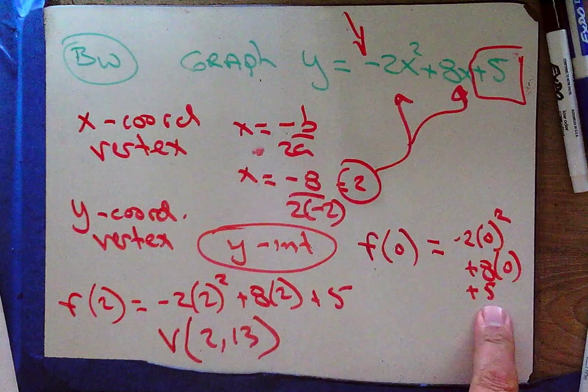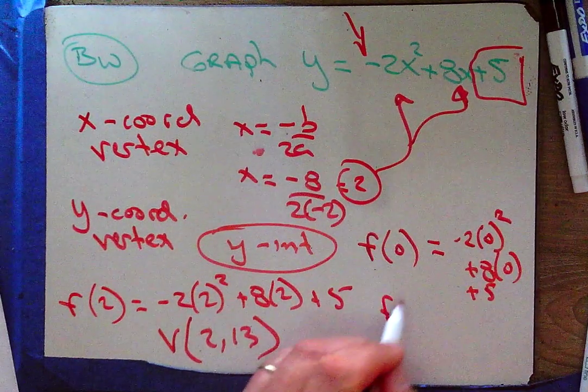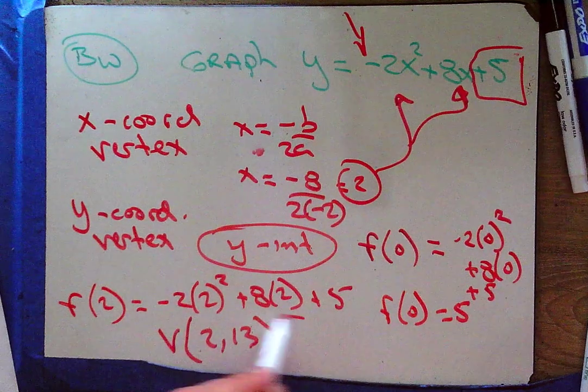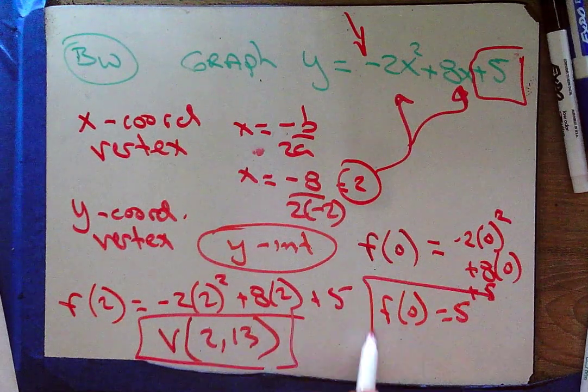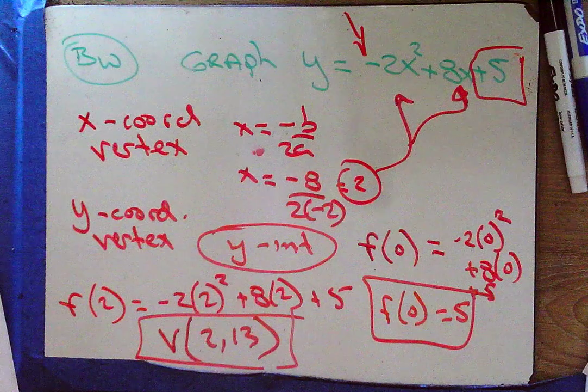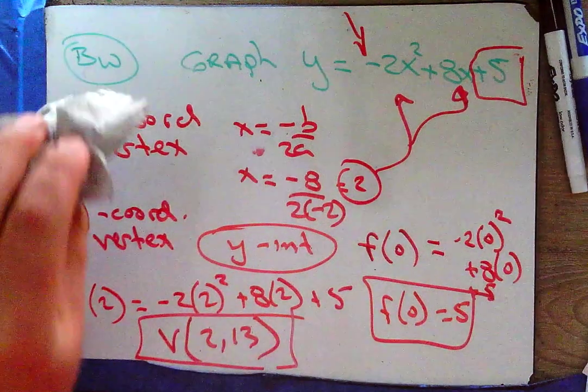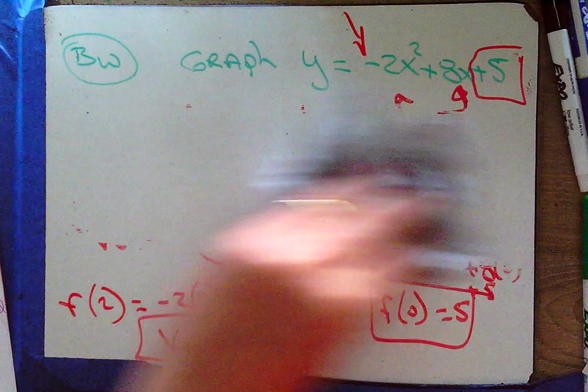These will cancel away, and you'll be left with 5. f of 0 equals 5. So we've got a vertex, we've got a y-intercept, and now what I'd like to do is graph the stuff that I have and use symmetry to find the third point.